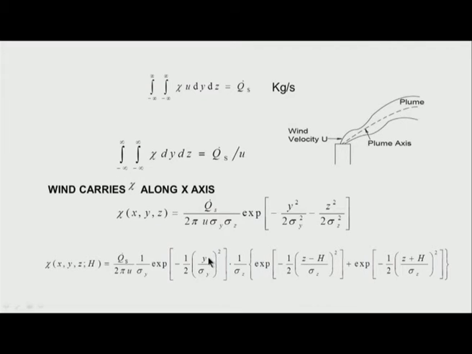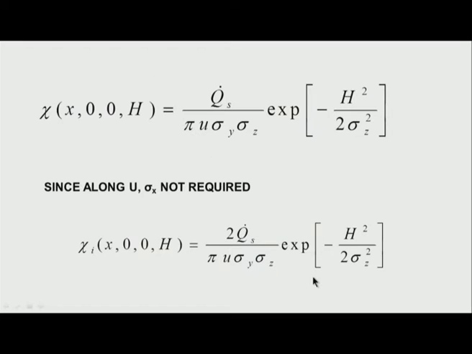I substitute y is equal to 0, in which case this factor becomes 1. I substitute z is equal to 0, in which case I get exponential of minus half h squared by sigma z square, plus exponential of half into z plus h, that means 0 plus h, so exponential of minus h squared by sigma z square. This gives me 2 times the exponential of minus h squared by 2 sigma z square.